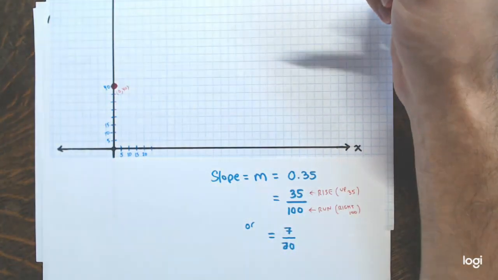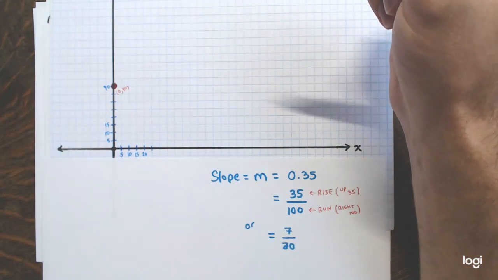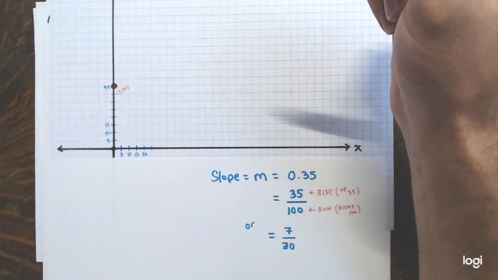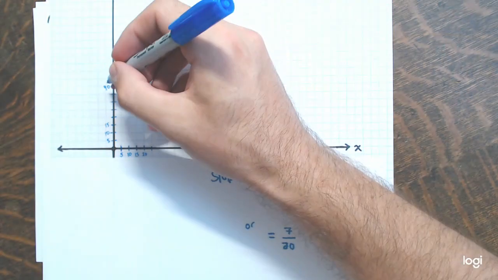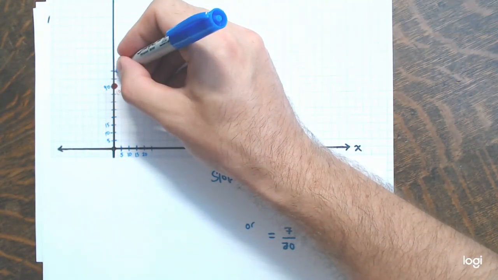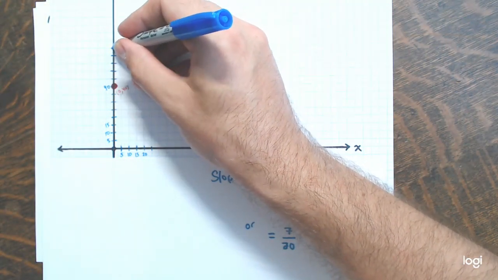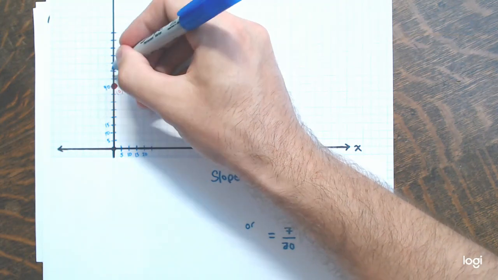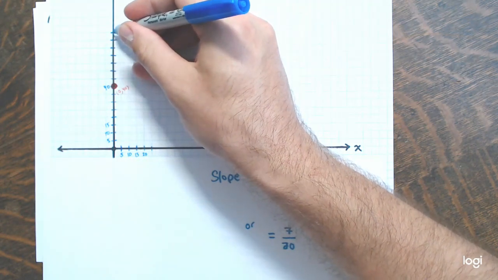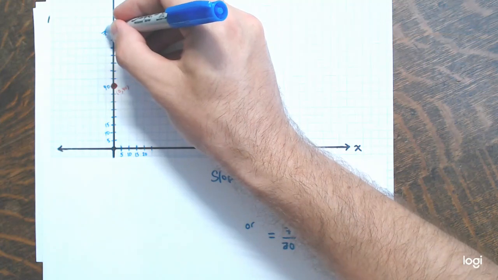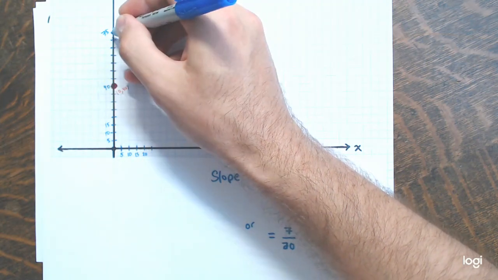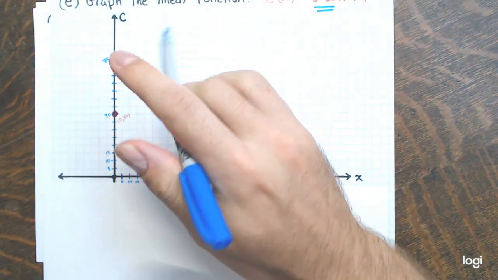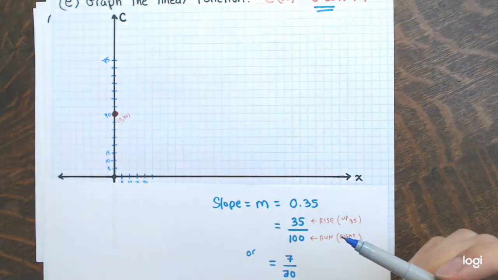Now 35 units, that would be 7 of these squares, 7 times 5 is 35. So there's 5, 10, 15, 20, 25, 30, 35, 1, 2, 3, 4, 5, 6, 7. So up 35 units. That would be from C is 40 to C is 75.